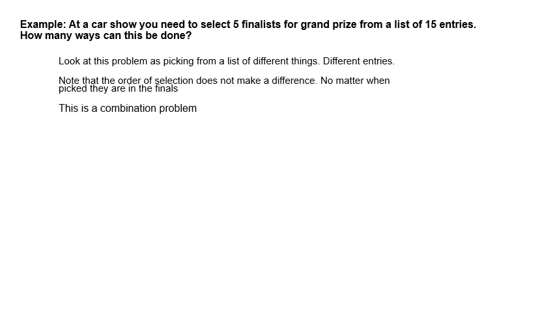So this is a combination problem. We're selecting 5 things from a list of 15. So here's our notation. Using our calculator, combination of 15 pick 5 gives 3,003 different ways we can pick the 5 finalists.